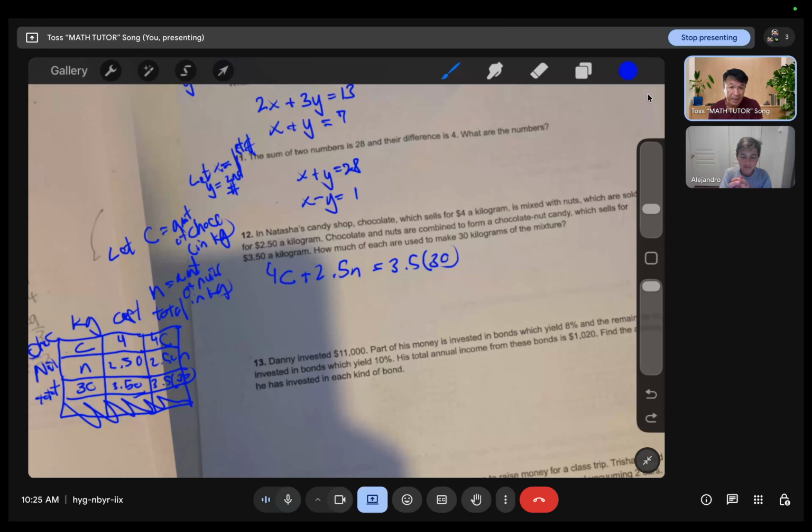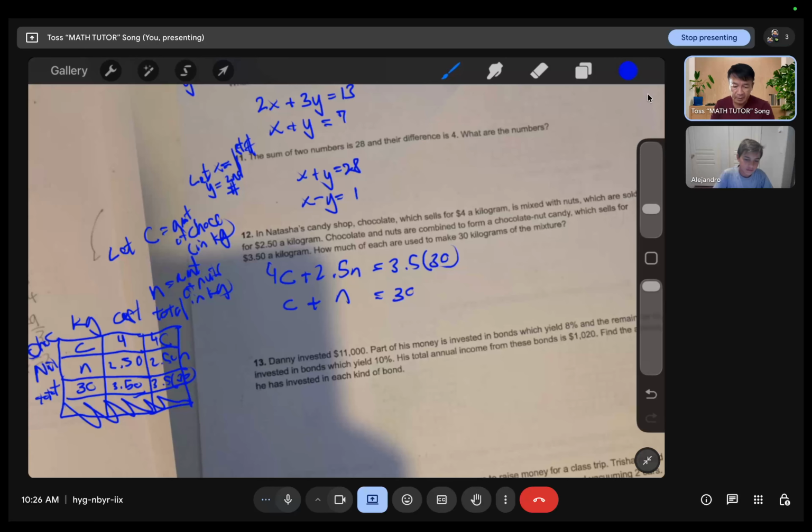They're talking about the amount in quantity, like 30 kilograms. So it should be c plus n equals 30. Yeah, that's it. You could have written c plus n equals 30 first, but I know why you wrote this one first, because you made the table just for the first equation. That's it.